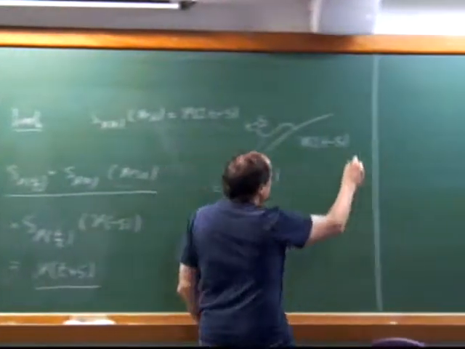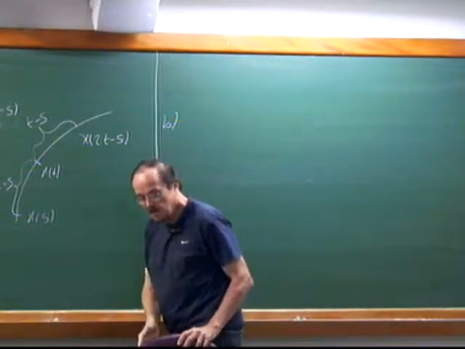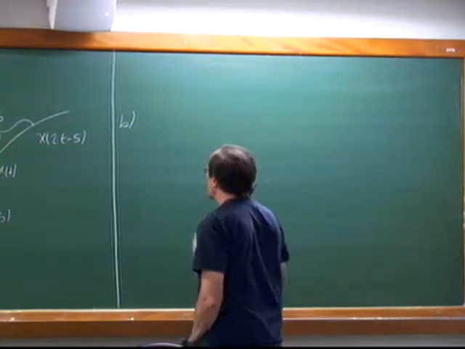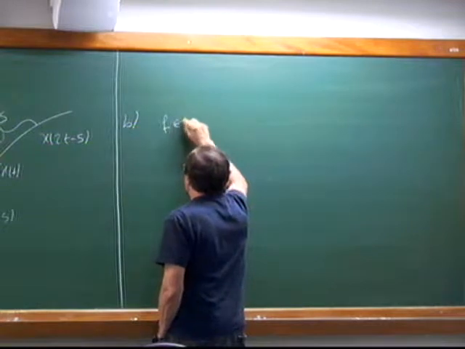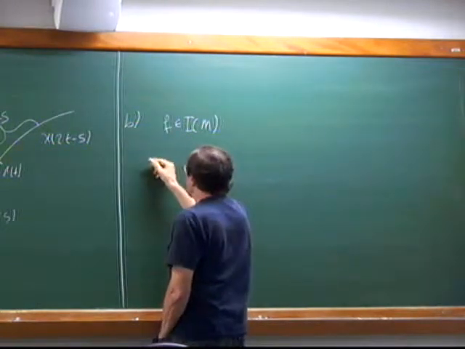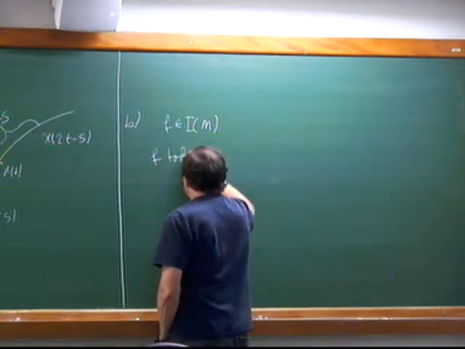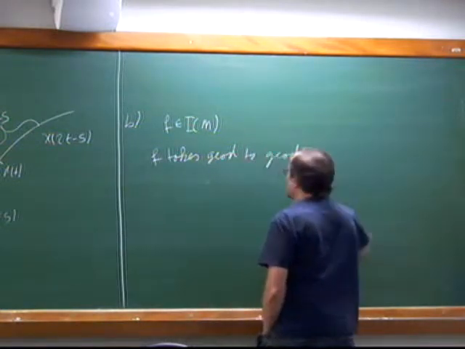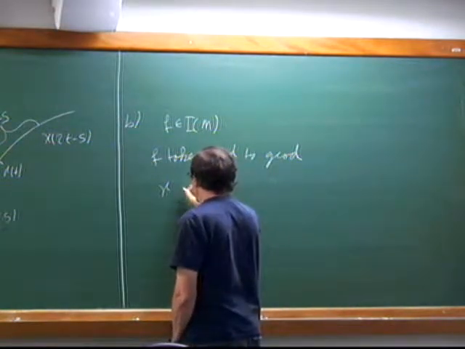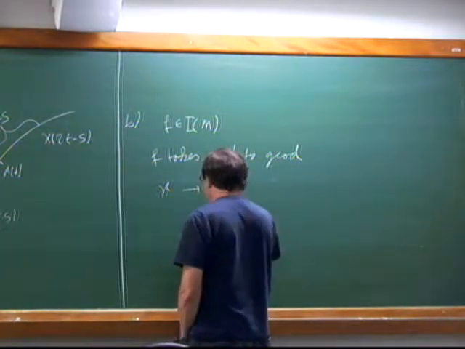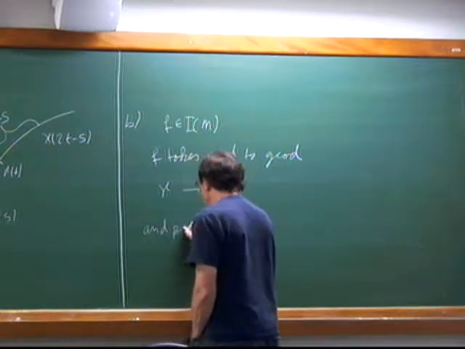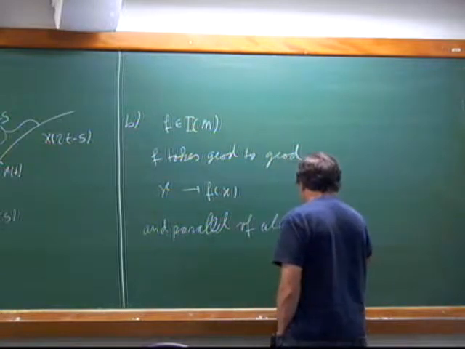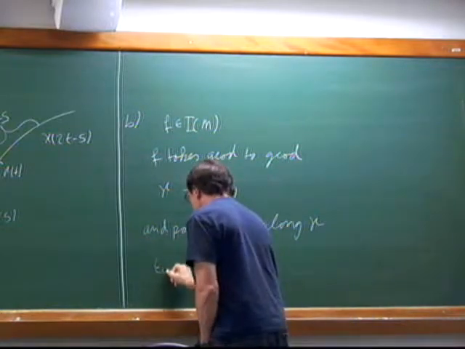That's part A. Part B is then a consequence of these things being isometries. So remember, if f is an isometry, f takes geodesics to geodesics, say gamma to f of gamma, and parallel vector fields along gamma to parallel vector fields along the image.